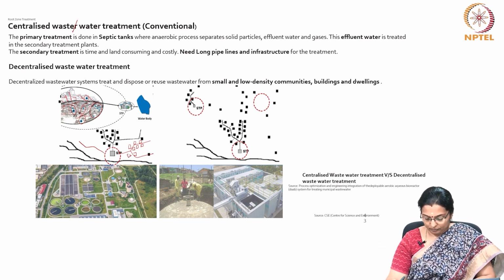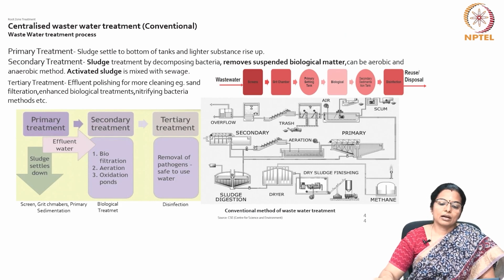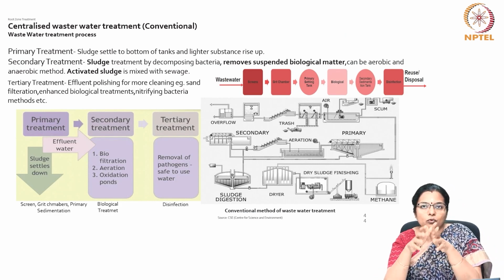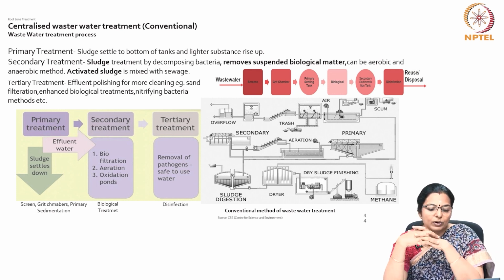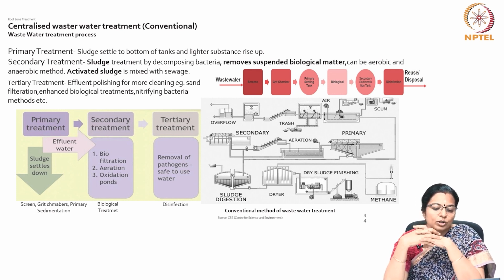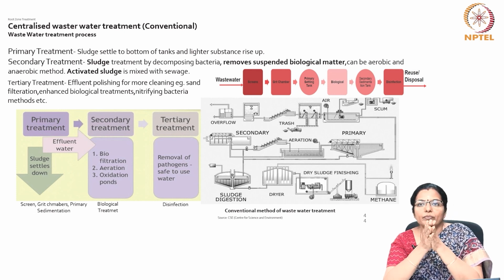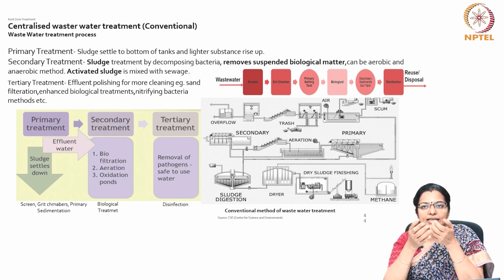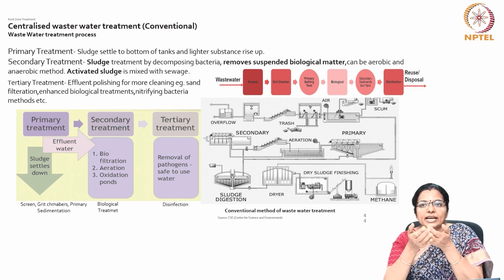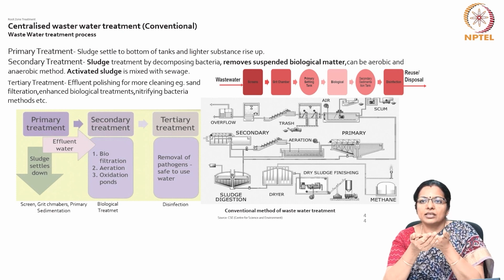We'll quickly see, for perspective, what is centralized wastewater treatment, which is the conventional one. In the primary treatment, the sludge settles to the bottom of tanks and lighter substances rise up. In the secondary treatment, the sludge is treated by decomposing bacteria, and this removes suspended biological matter.